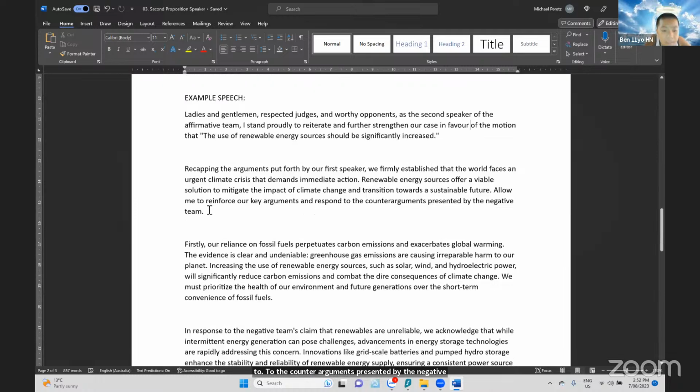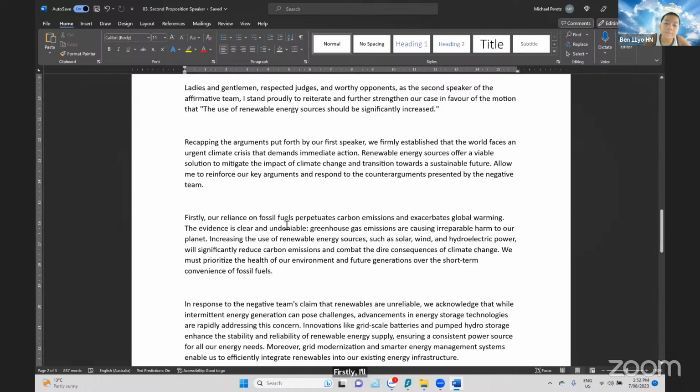Firstly, our reliance on fossil fuels perpetuates carbon emissions and exacerbates global warming. The evidence is clear and undeniable.